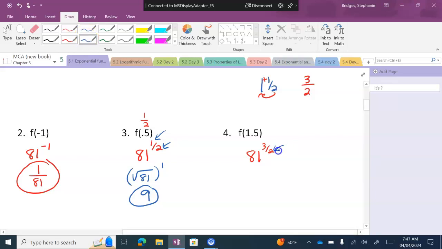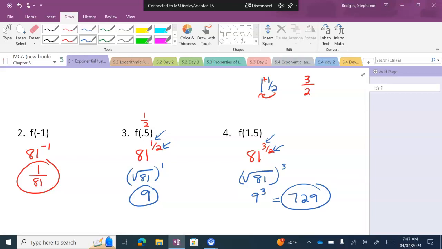So we're going to take the square root, and then raise it to the third power. Square root of 81 is 9. What is 9 to the third power? 729. So to evaluate exponential functions, just put the numbers in and simplify it out, but we want to keep everything as a fraction, no decimals.